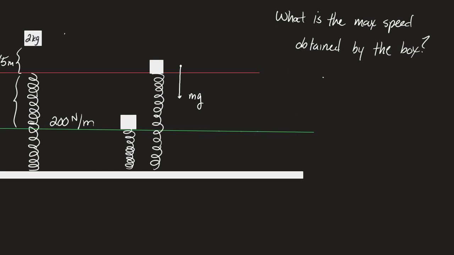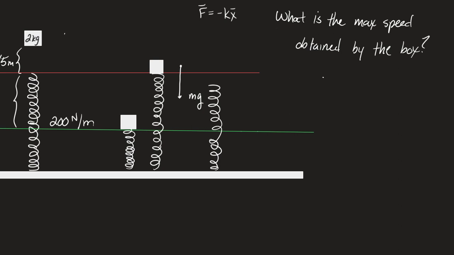If you remember, though, the spring force equals minus kx. When it first touches the spring, what's x? 0. So is there a force in the spring yet? No. That means the net force is downwards, and it's still getting faster. In fact, we'll advance the problem just a little bit further, just a little bit.